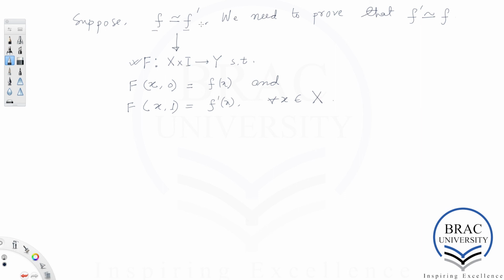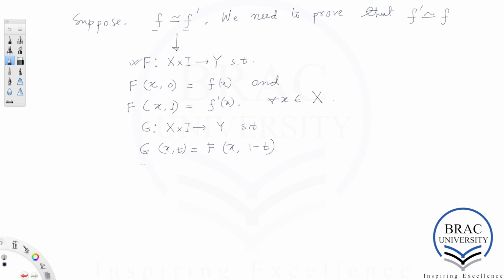so now we are defining this map G from X cross I to Y such that G of x comma t is equal to F of x comma 1 minus t. Since F is a continuous map from X cross I to Y, G is also a continuous map.